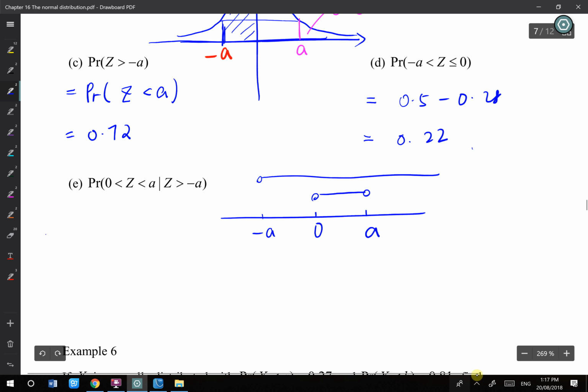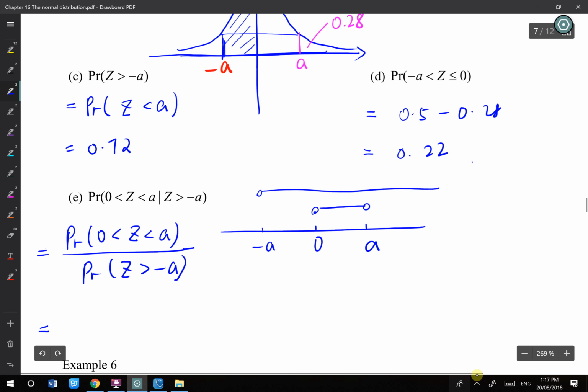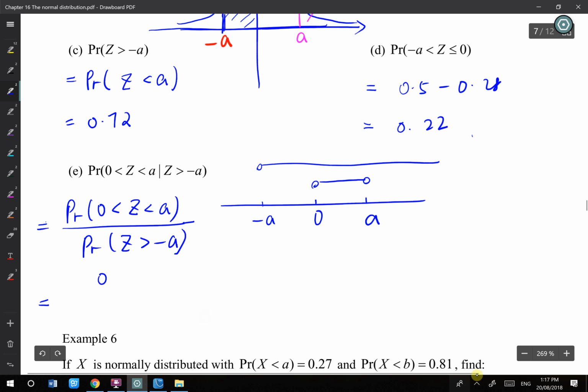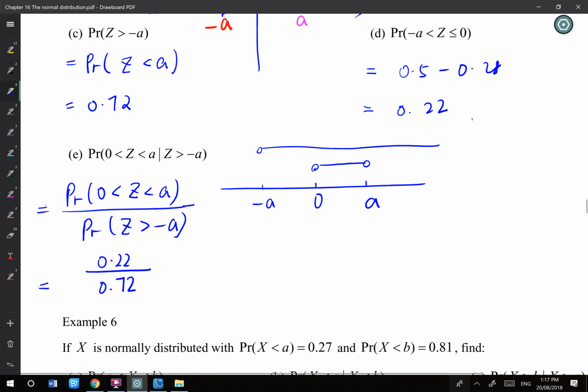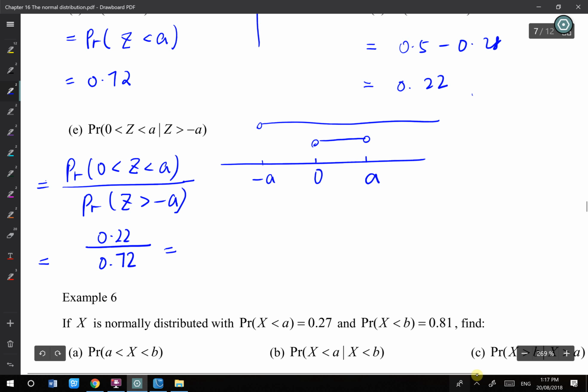So it's the probability of 0 to A for the intersection, divided by the probability Z greater than minus A. In between 0 to A is the same as negative A to 0, which is 0.22, and divide by 0.72. Those are all the values we have worked out before, and that's 22 over 72, 11 over 36.